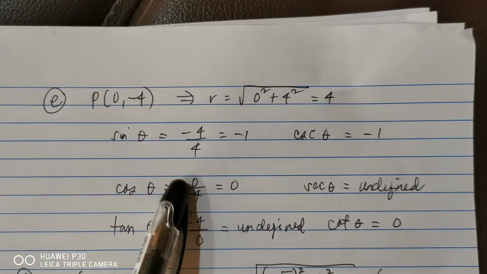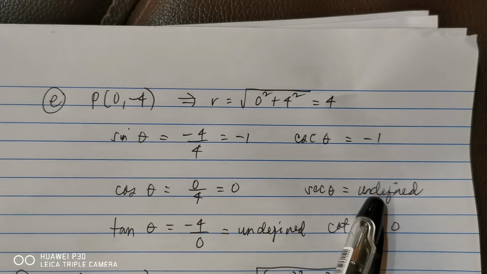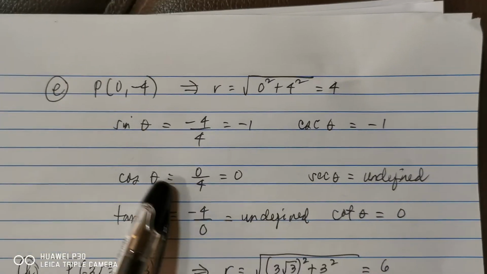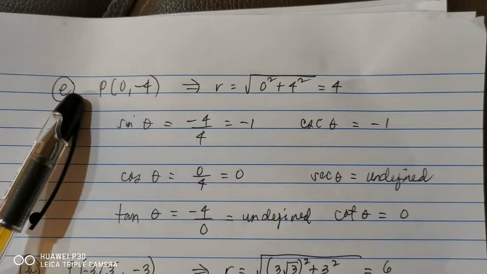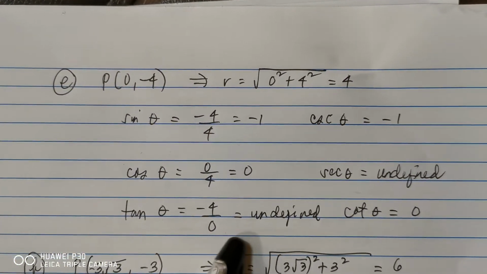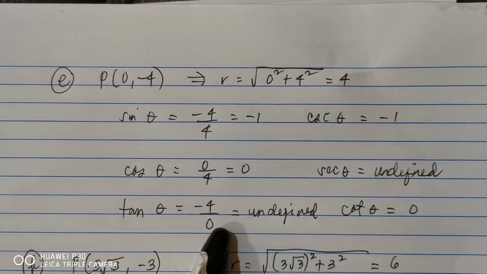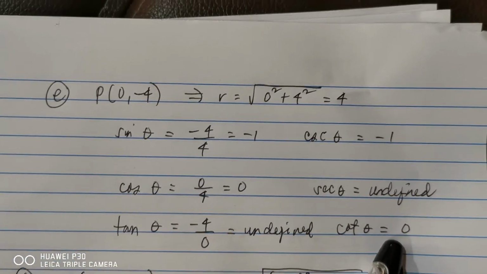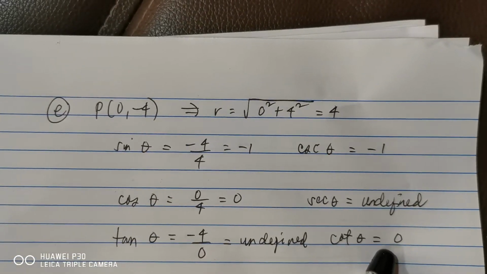The reciprocal of 0 over 4 is 4 over 0, which is undefined, so that secant theta is undefined. Tangent theta is y over x. You have negative 4 over 0, which is undefined, but the reciprocal of negative 4 over 0 is 0 over 4, so that cotangent theta is equal to 0.